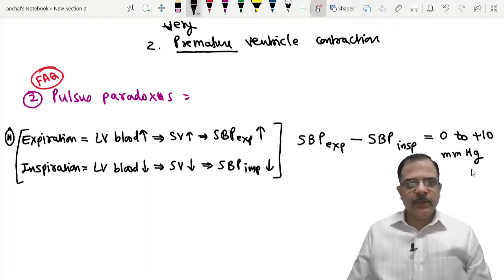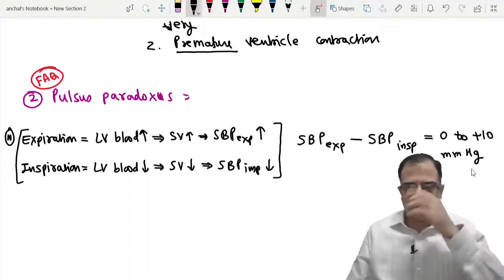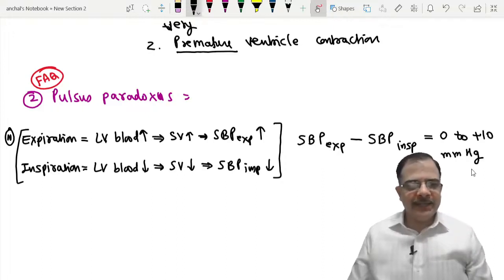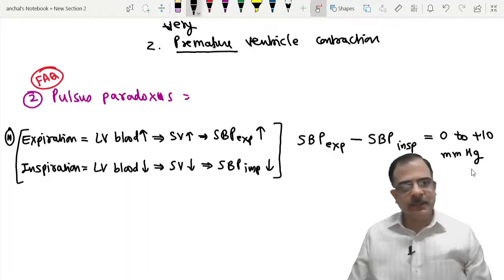So systolic BP during expiration is slightly more than the systolic BP during inspiration. Even in a normal individual there is a difference, and that difference is up to plus 10.